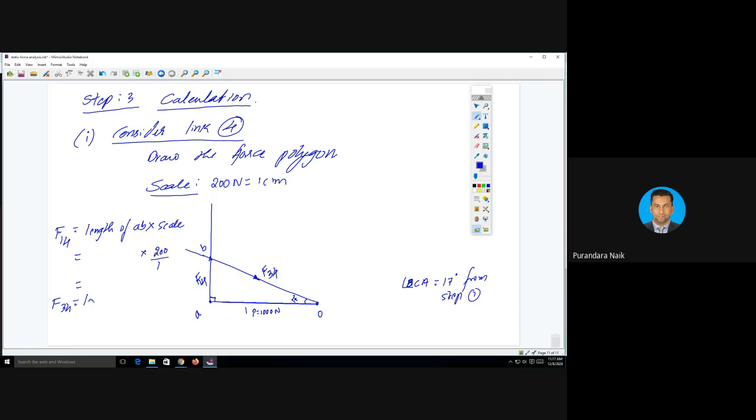F34 is equal to the length of OB into scale. 2 centimeter? Exactly 2? Yes, 2 means 400 Newton. What is the OB length?